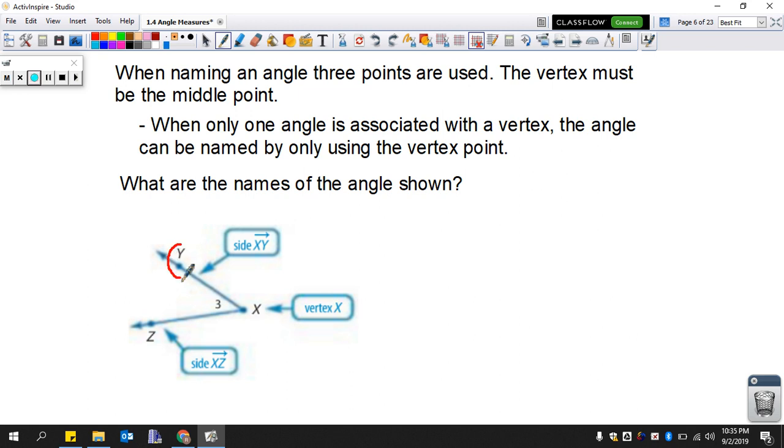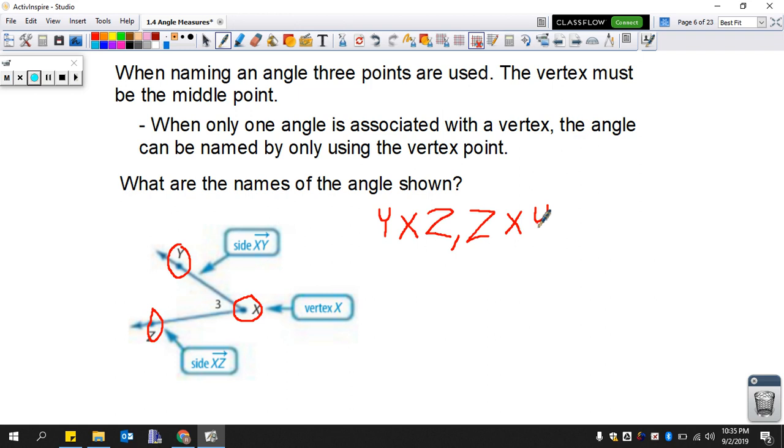Okay, so we have a point Y, we have a point X, that's the vertex, and we have a point Z. Okay, so this can be labeled as Y, X, Z, or we could also label it the other way around, Z, X, Y.